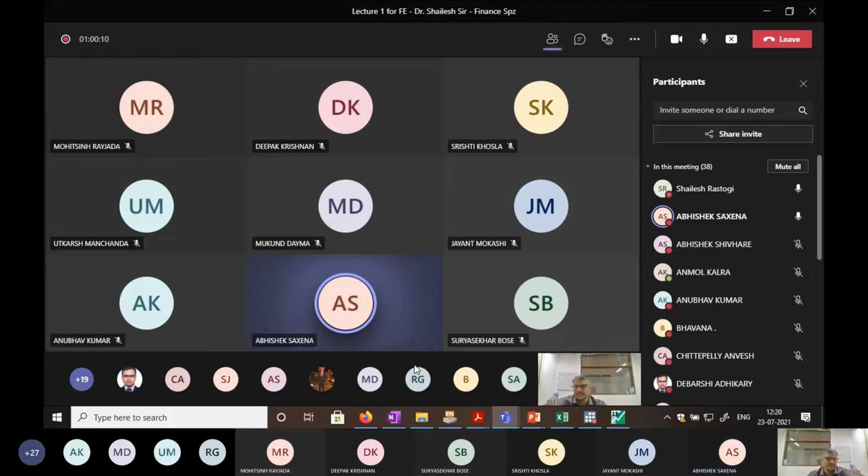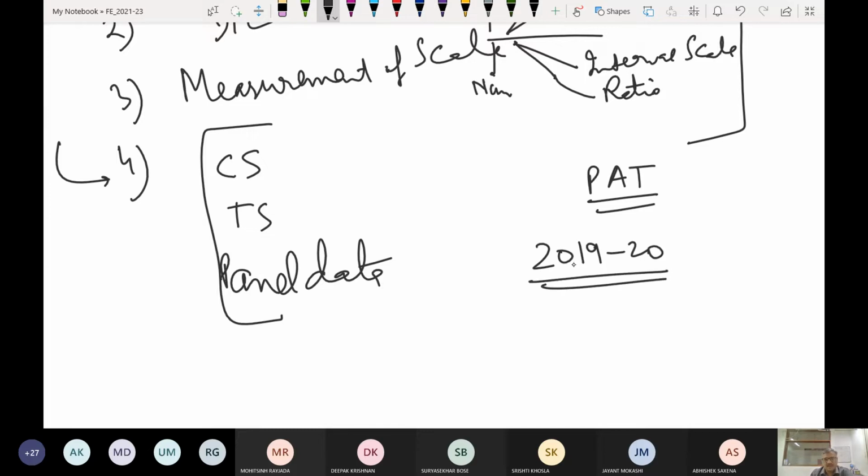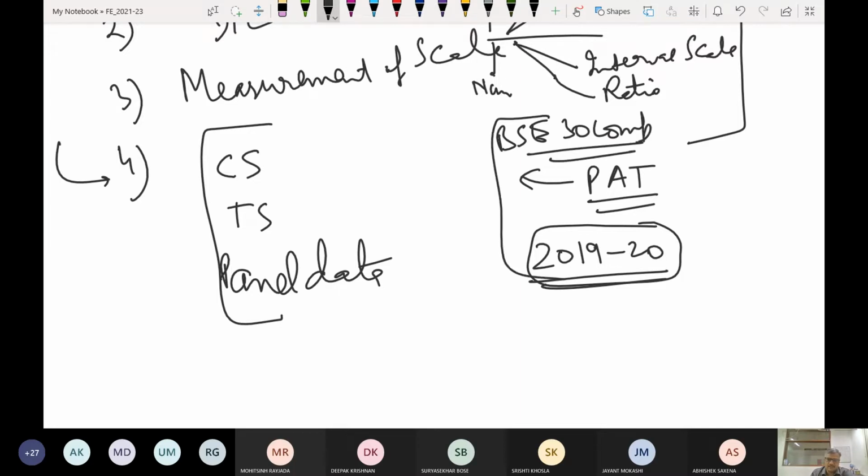You are studying different variables. Let's say I'm talking about profit after tax, PAT, for the financial year 1920. For this financial year, I have the data of, let's say, BSE 30 companies. So at one particular point of time, I'm getting one variable, PAT, for 30 firms.